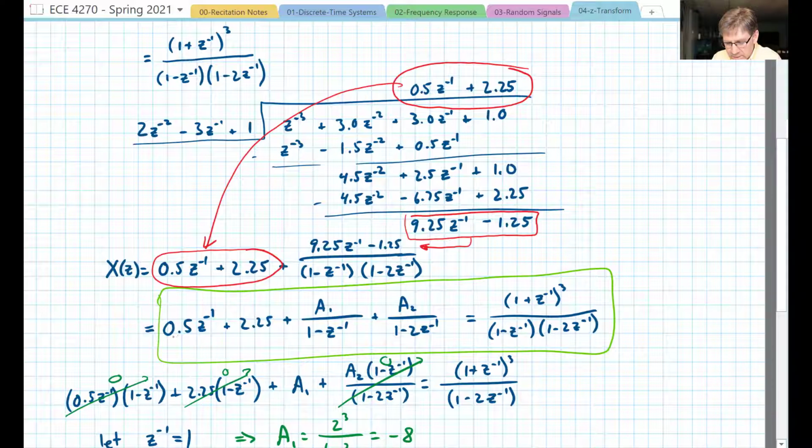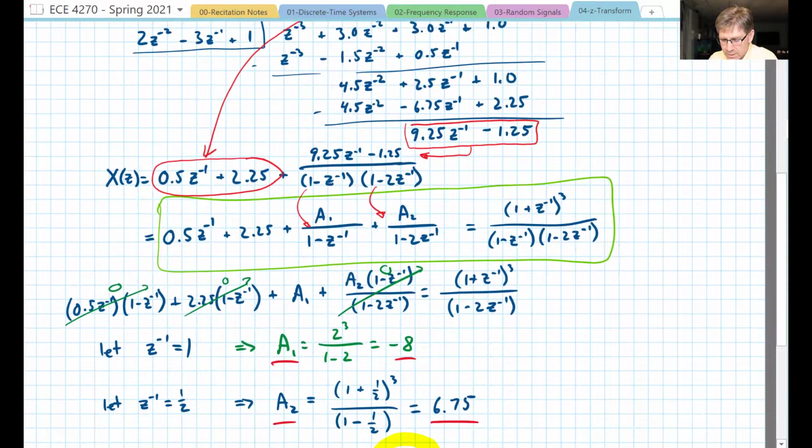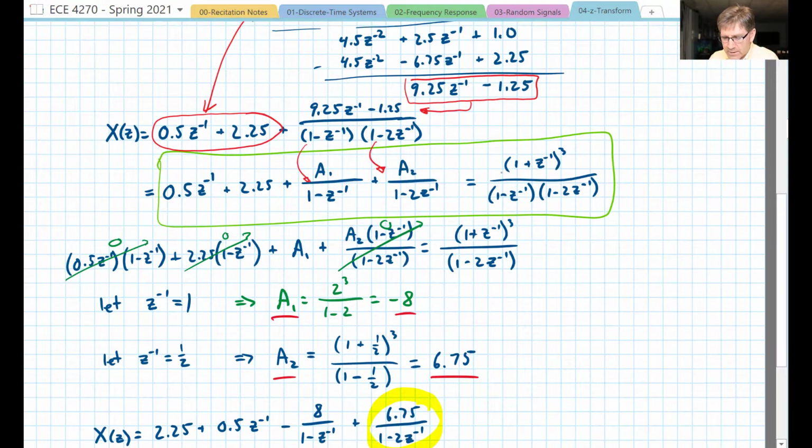So we set up our partial fraction expansion as 0.5 z to the minus 1 plus 2.25, plus we have two terms, one for each factor in the denominator. It helps to have the entire thing factored over on the right.